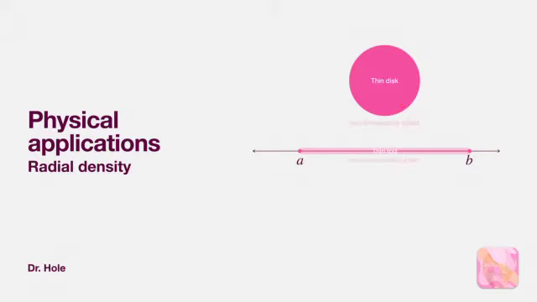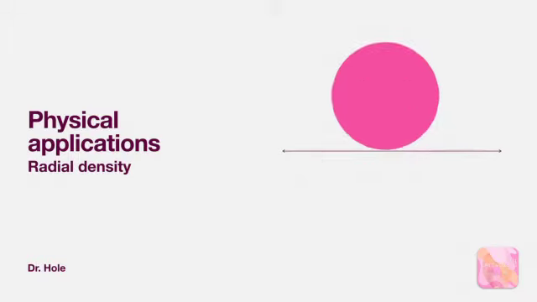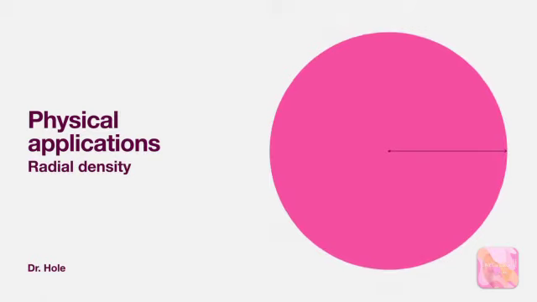The thin rod is a one-dimensional object, or rather modeled as a one-dimensional object. And the thin disk can be modeled as a two-dimensional object. Good. So let's look at the disk. If we have a disk, the disk has a measurement called the radius.